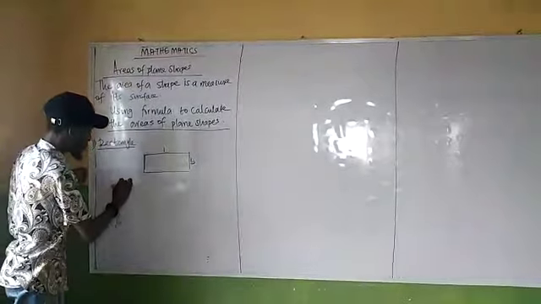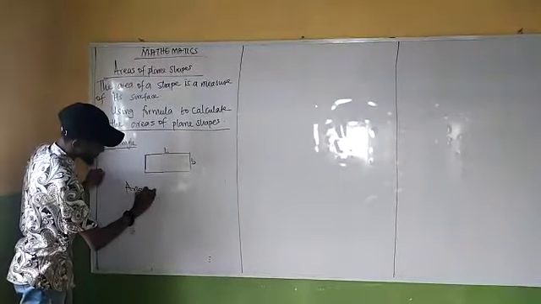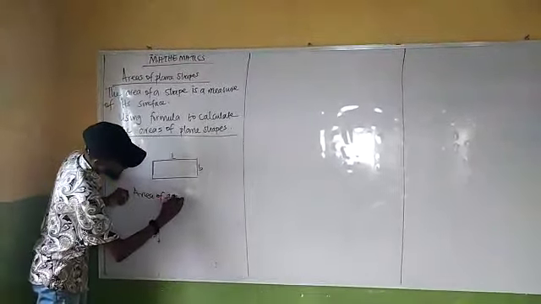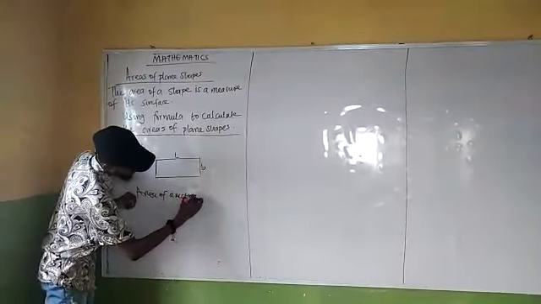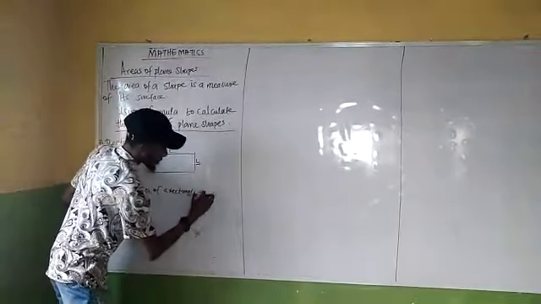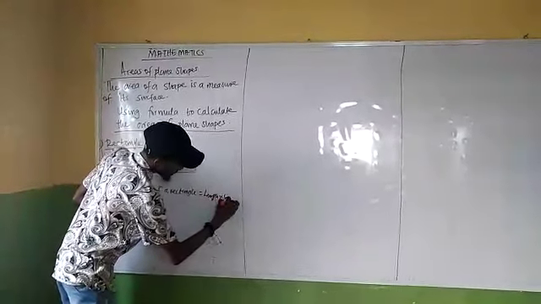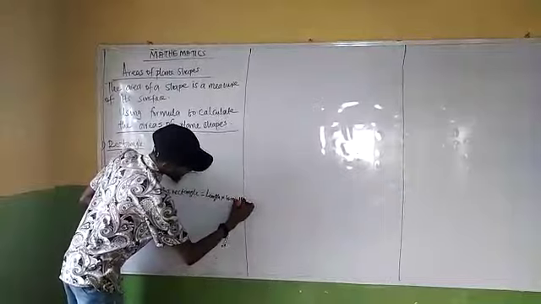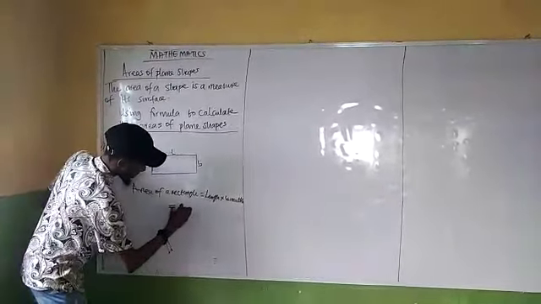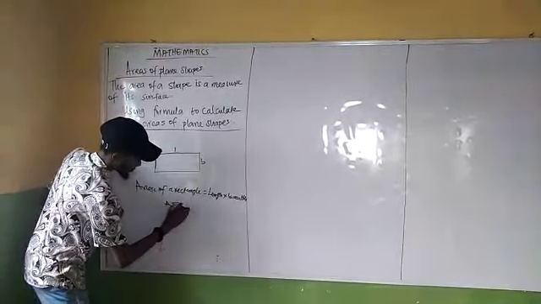The area of a rectangle is equal to the length multiplied by the breadth. So the area will be length times breadth.